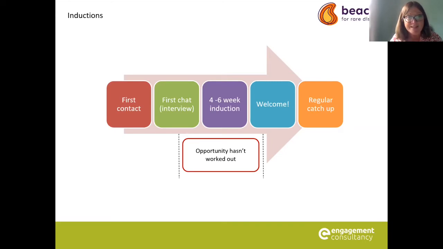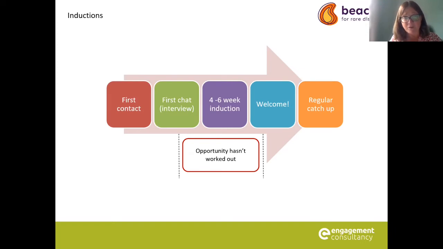They maybe then come back in to your organisation, instead of the 4 to 6 week induction, to do some health and safety training, to perhaps do a quick induction of who's going to be there on the day to support them, where they're going to need to go, what time they need to be there, those kinds of things. And then you've got the day itself, and then the regular catch-up would just be staying in contact with that person for future events.